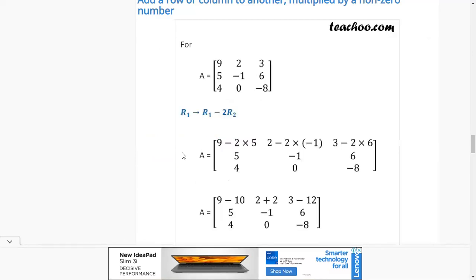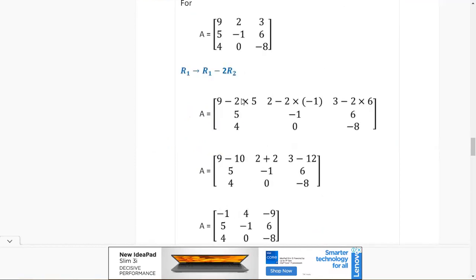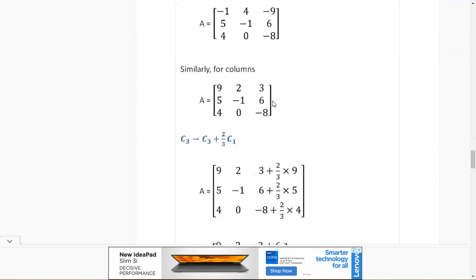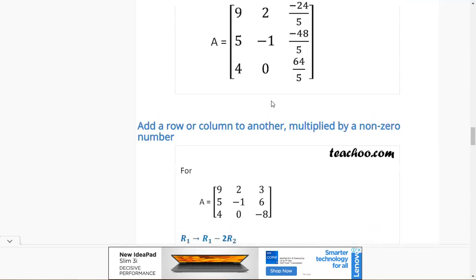You can perform row operations like R1 plus R2, R2 plus R3, but then you cannot do C1 plus C2. Either you have to do row operations alone or column operations alone. Both together is not possible.